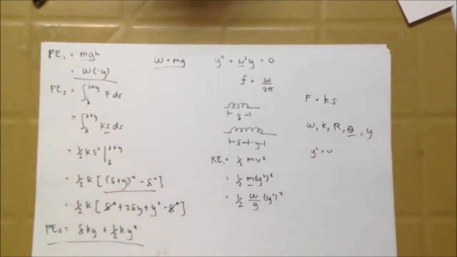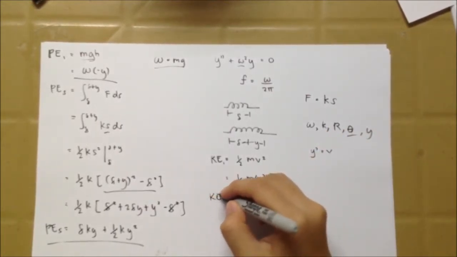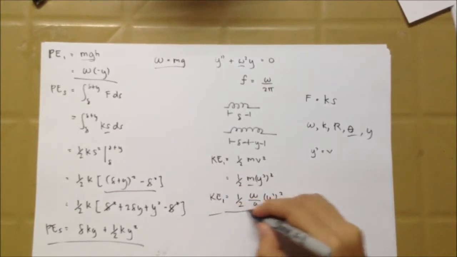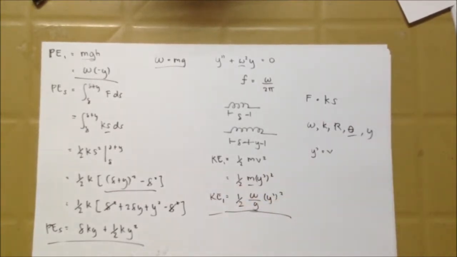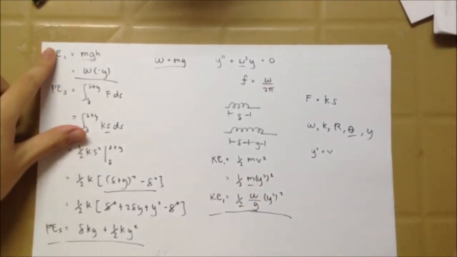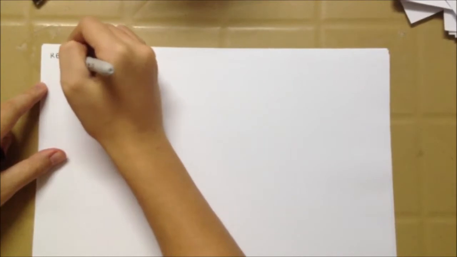Next will be the kinetic energy associated with the rotational energy of the pulley. For the bigger pulley, let's denote that as KE2. The kinetic energy of a pulley is given by 1/2 times its inertia times its angular velocity squared.